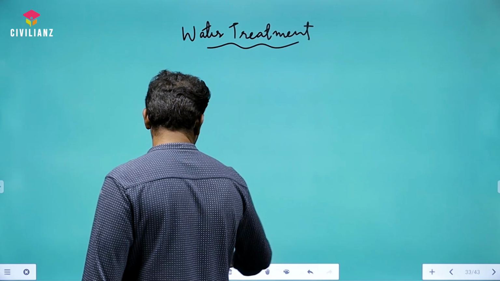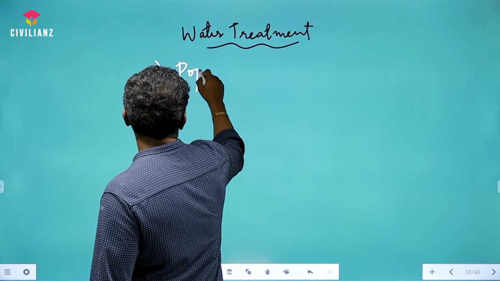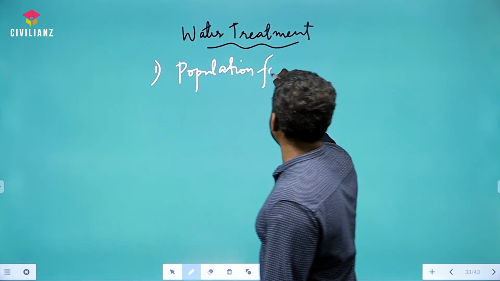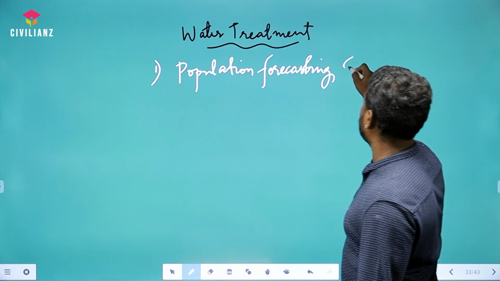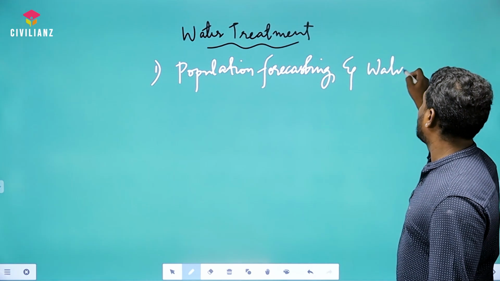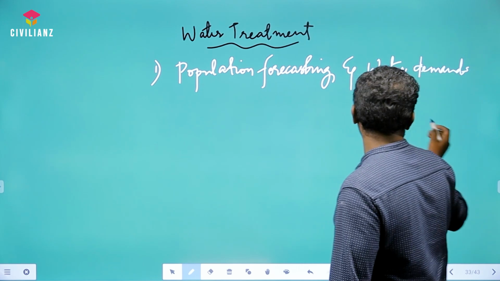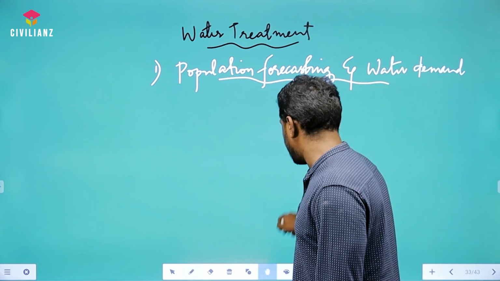So the first chapter is population forecasting and water demand. This is the first chapter.